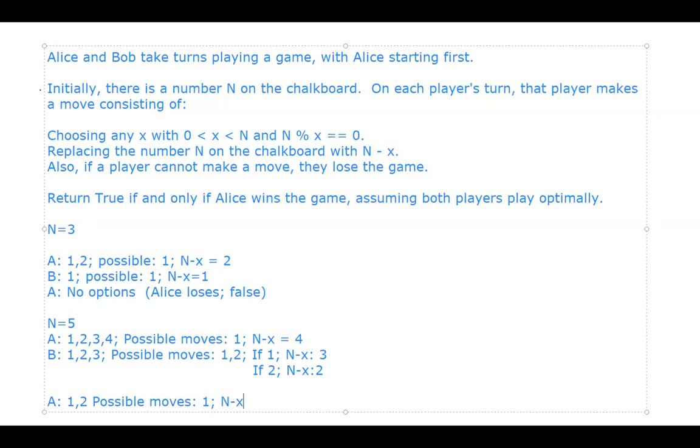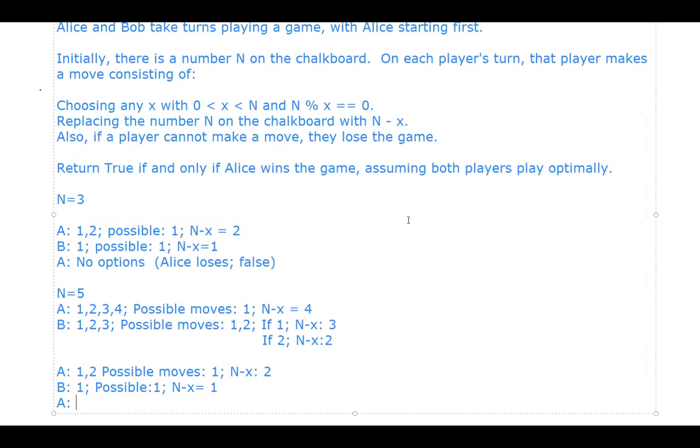Then I will pass 2 to Bob, and Bob has just one option available, and at this point Alice cannot make a move, because you get 1 and you lose. So this is the case when Bob chose 1 here.